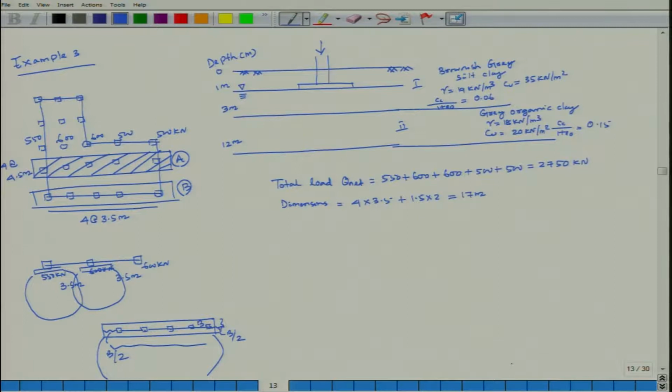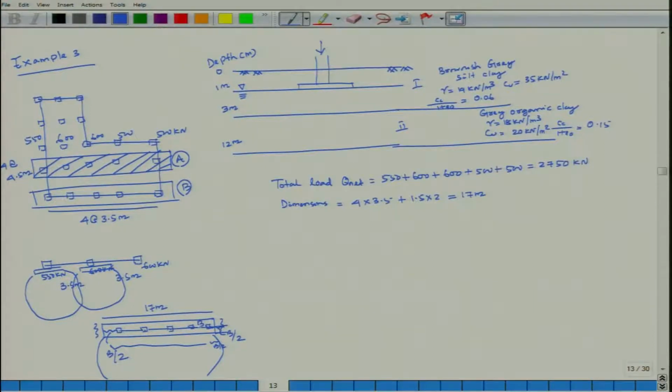Now, what should be the width? Length I got. This length is 17 meter. So, width, if I take it here, you can put it this way also, B by 2, here to here also B by 2, or half.